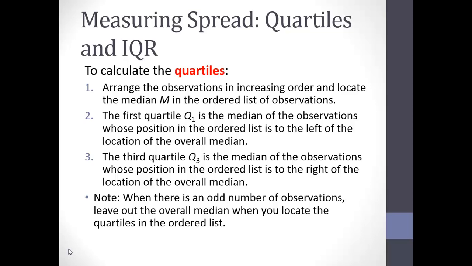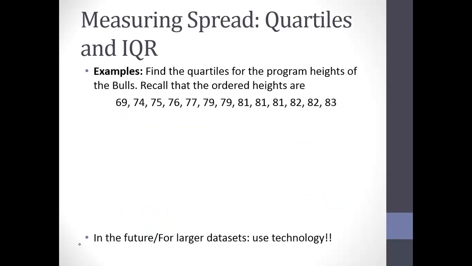All right, let's actually go about doing this now. We're going to stick with the same example and leave Nate Robinson's height in there. We have the program heights for the Chicago Bulls from last season. If you remember, we picked out the seventh number, 1, 2, 3, 4, 5, 6, 7. This is our median. Remember that we have 13 observations here; if you count up all the numbers there should be 13.